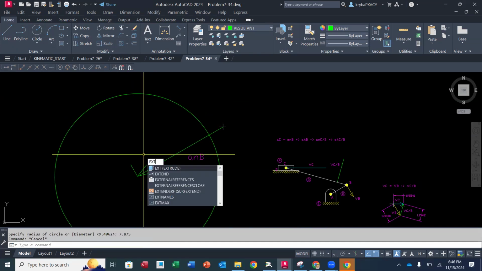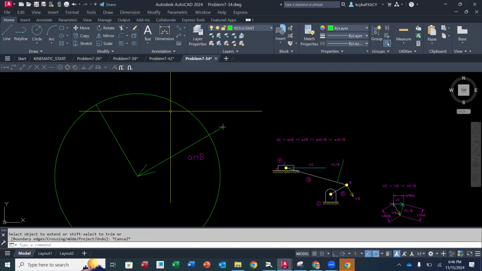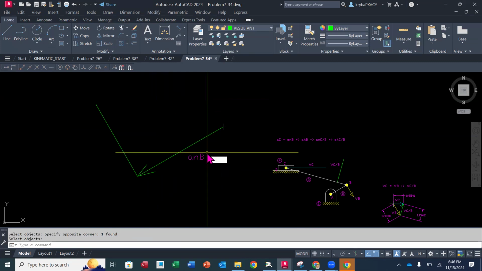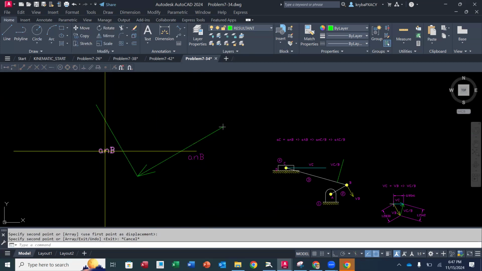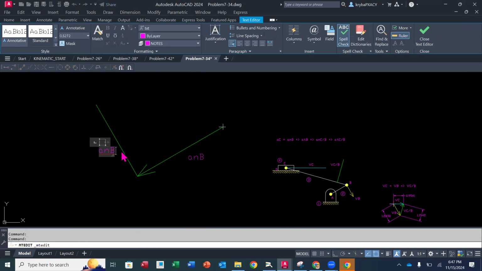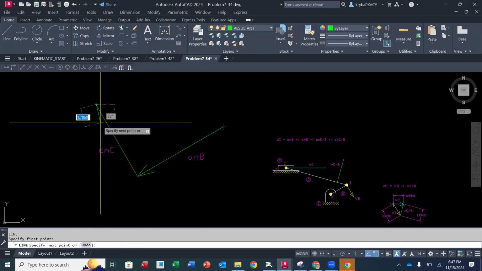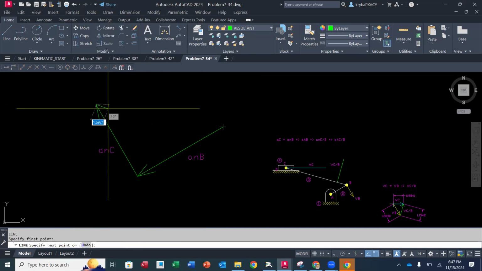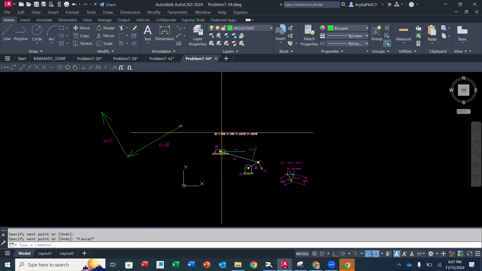So extend to here. And this will be the tangential component. And then the arrowheads. Here we go. Okay, does everybody understand that direction?